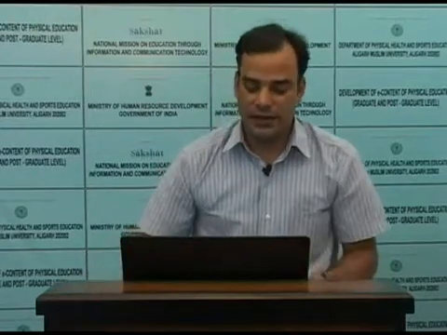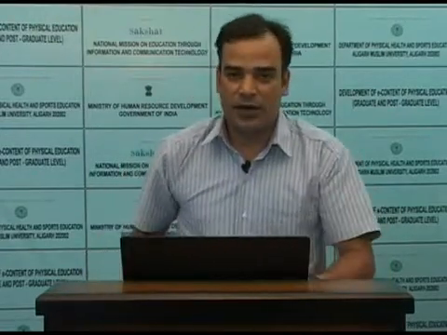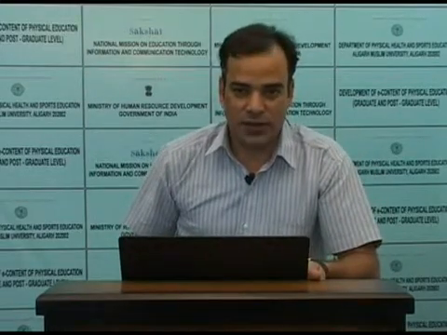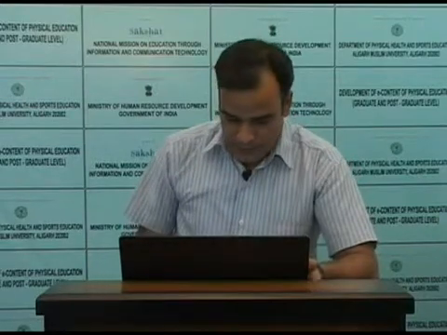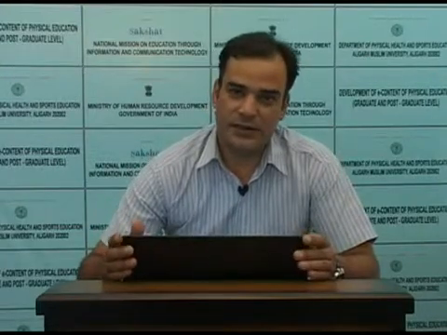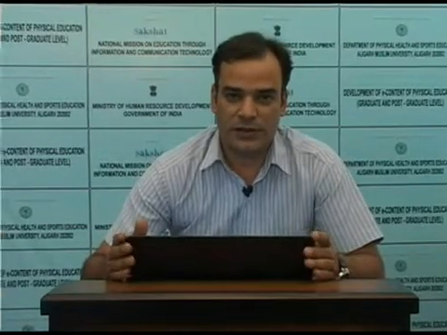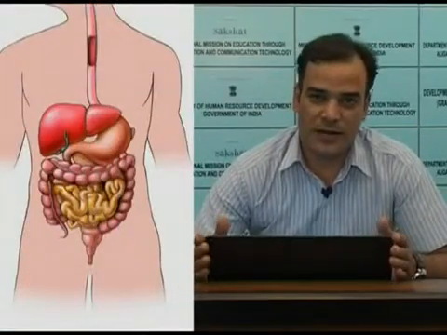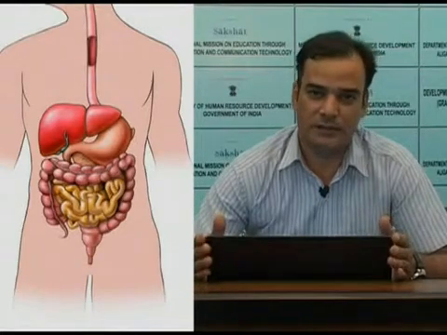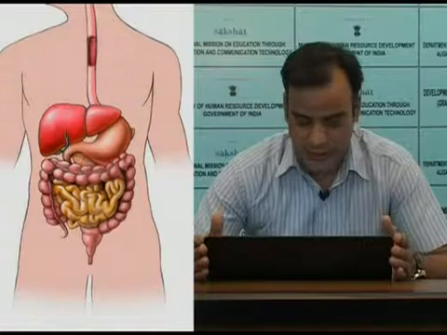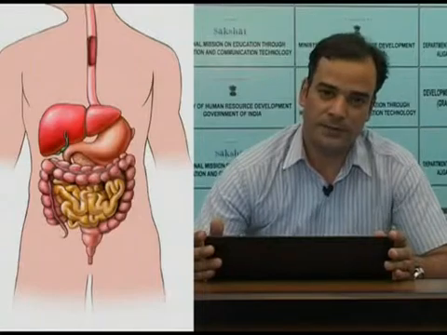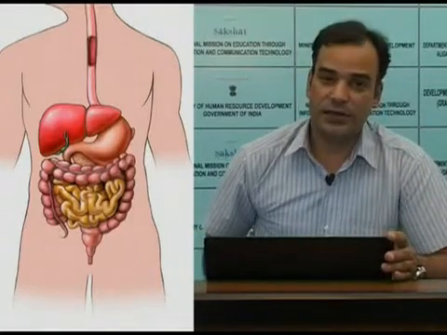So, we can say here that the pancreas is a dual gland, which means it is both an endocrine as well as an exocrine gland. The exocrine part of this gland secretes the digestive juices. The secretions of the exocrine part are required for the digestion of food in the duodenum. The endocrine part, as I mentioned earlier, secretes the hormone insulin, which regulates the blood sugar level.